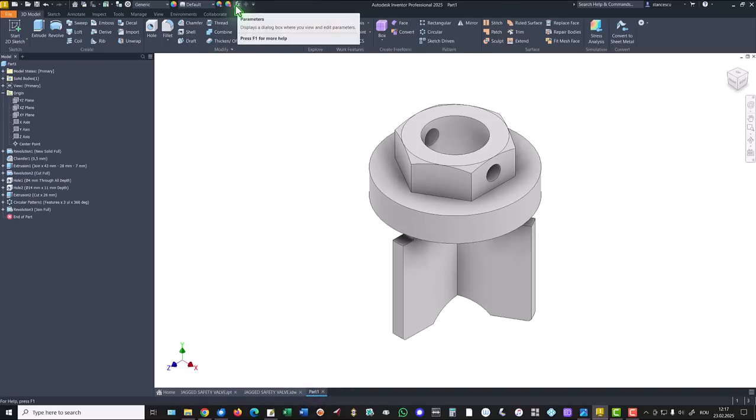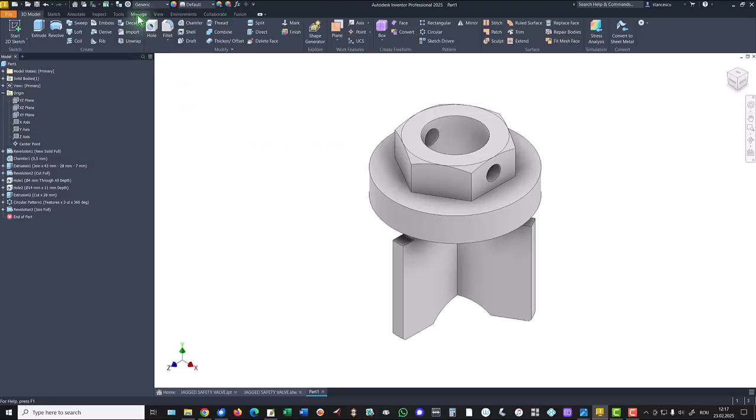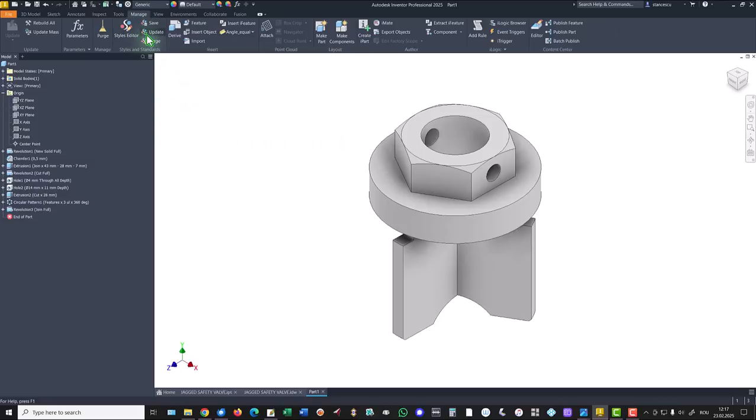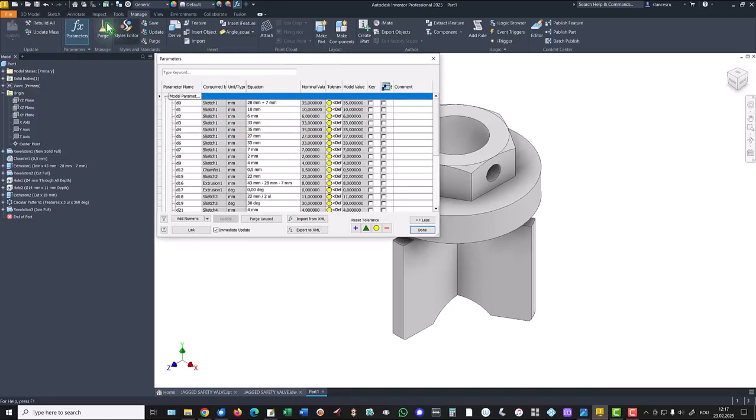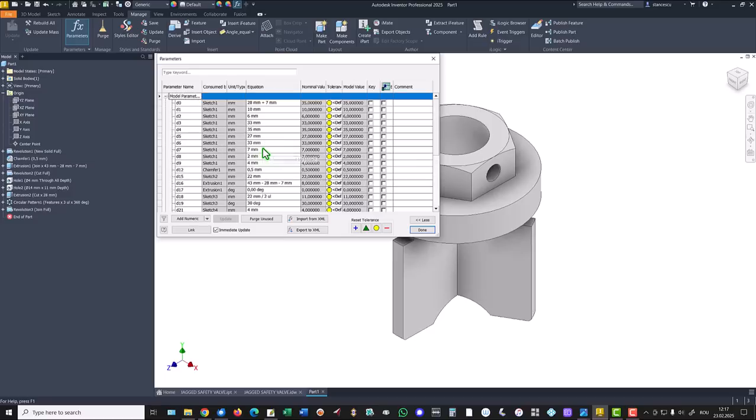open this parameters tool or go to manage and select parameters. If you don't have it here, you have it. We have here all dimensions.